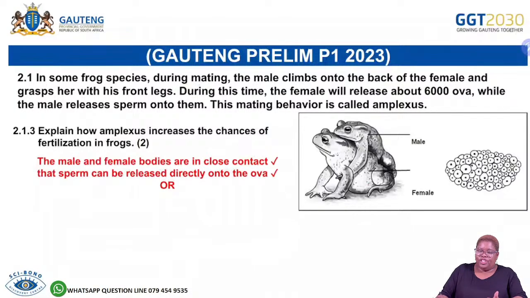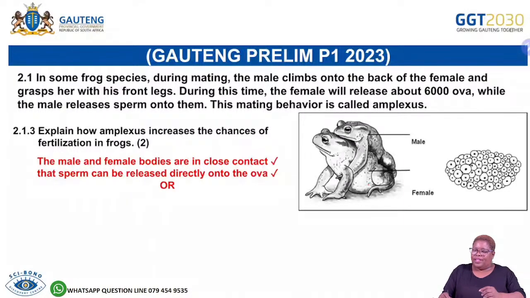Unlike in the fish, when we were explaining the increase of chances of fertilization in fish, for an example, it will lay many eggs, then some will be fertilized, some might be predated on, right?